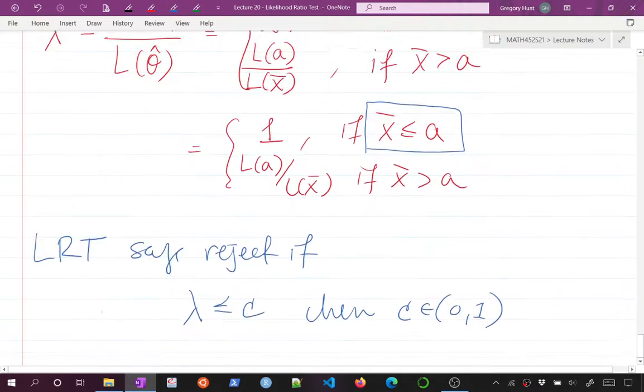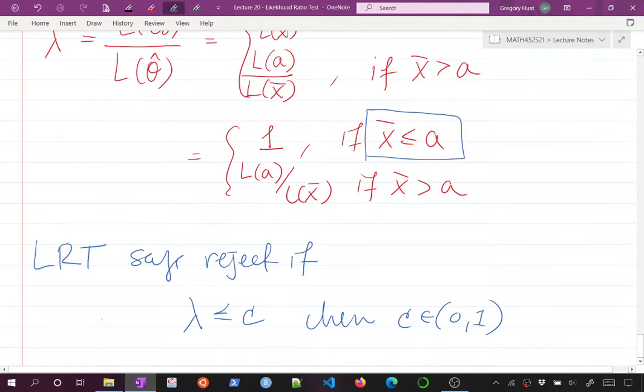And what that tells us is that our lambda is 1, and we're never going to reject in that case, because lambda is never going to be less than C. So in this case, we're never going to reject, because lambda is 1, and therefore it's never going to be less than whatever constant we choose.